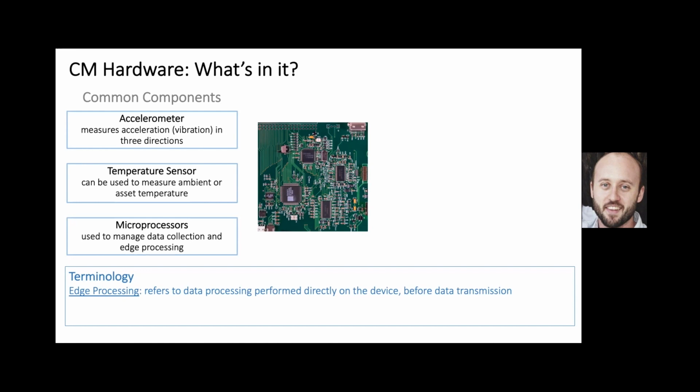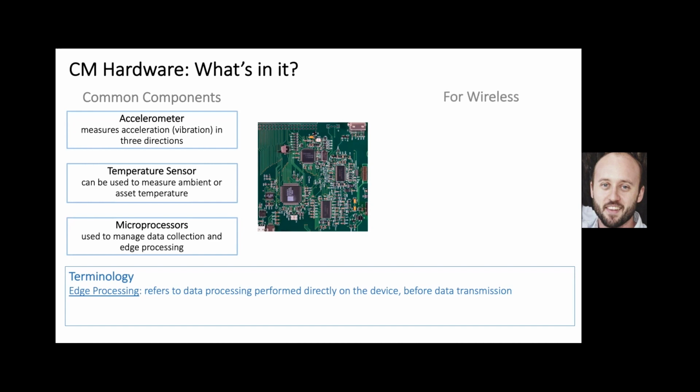When we talk about an edge device, we're talking about the device that's actually being monitored. So we have the hardware installed on the motor or the component, and we're collecting data on that component and doing some level of processing on it before we transmit it to another location to do further processing.